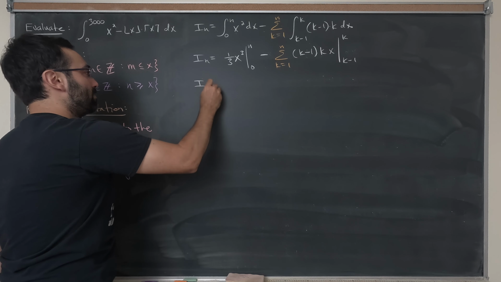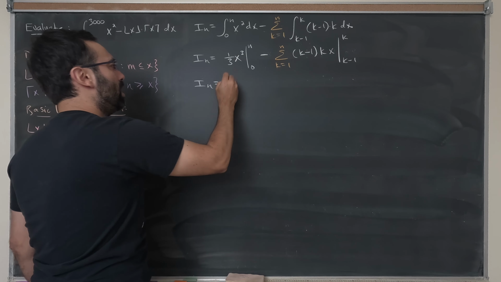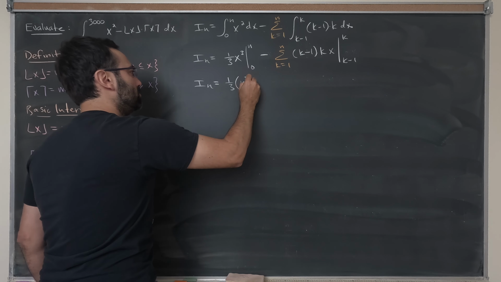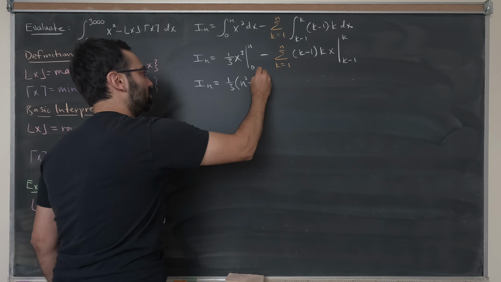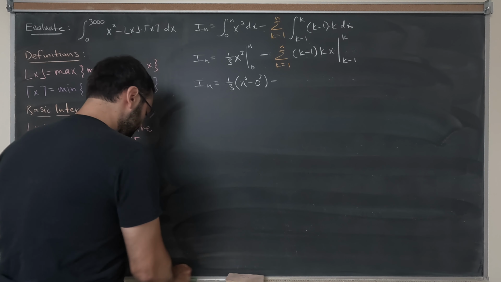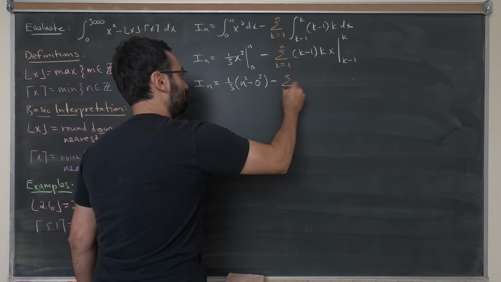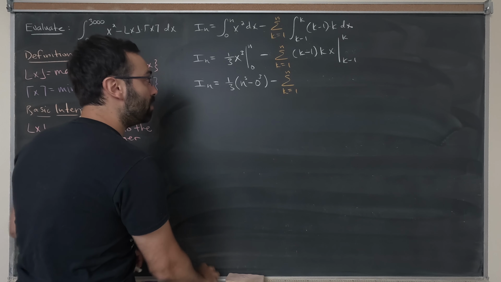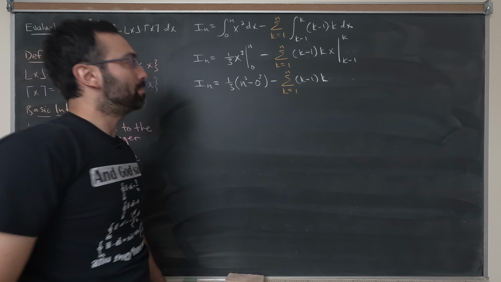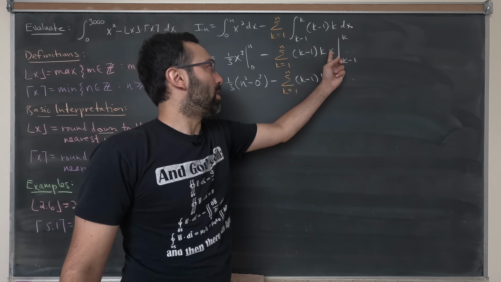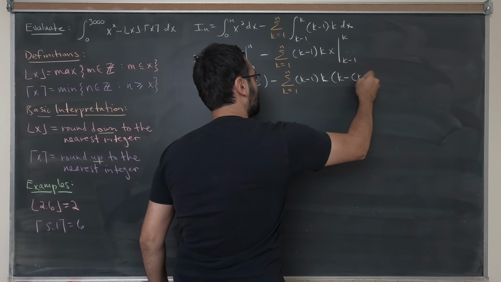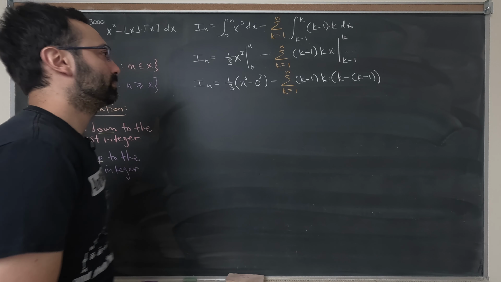Okay, good. So now we have I sub n equals 1/3 of, our upper bound gives us n cubed, minus, subbing in our lower bound gives us 0 cubed, minus the sum from k equals 1 to n of k minus 1 times k times, now for x, we'll put in our upper bound minus our lower bound. So we have k minus 1.